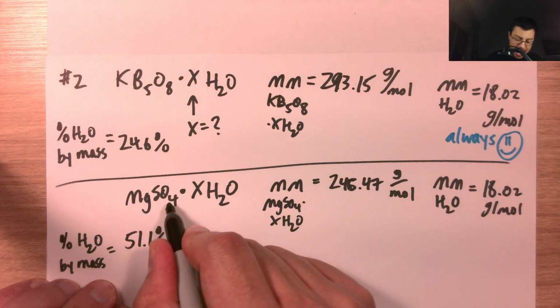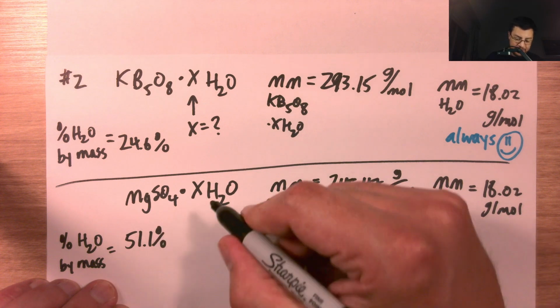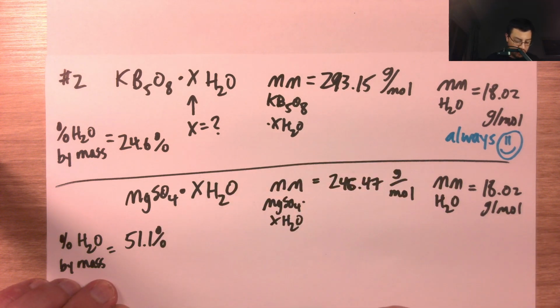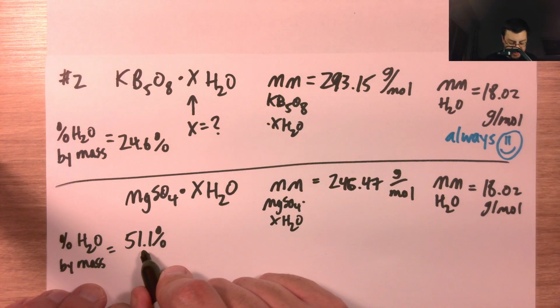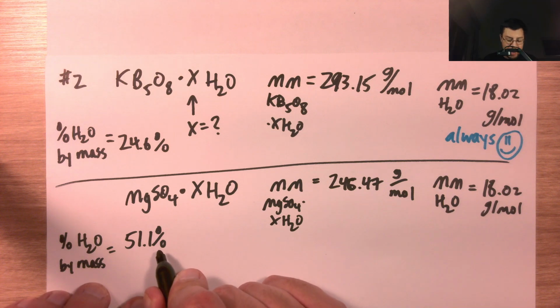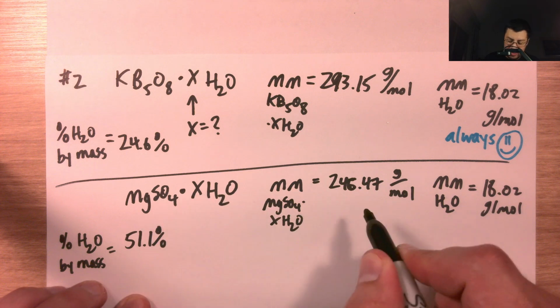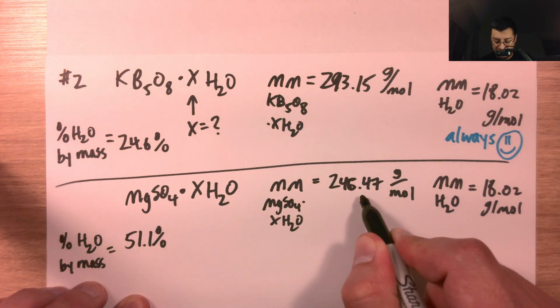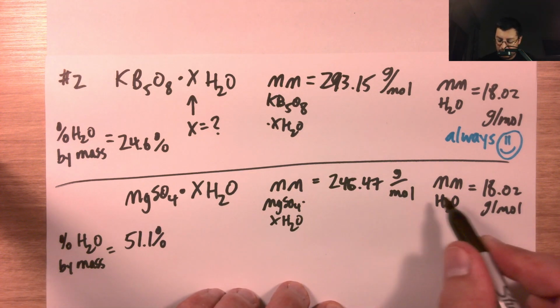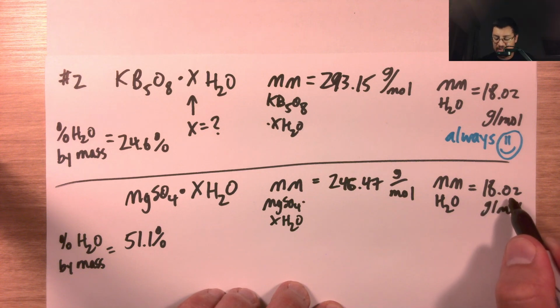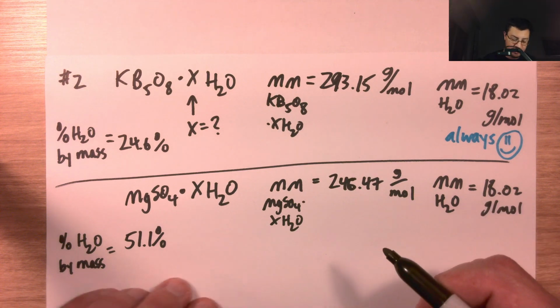So we have a magnesium sulfate with some amount of water. That water is 51.1% by mass. The molar mass of the entire hydrate is 246.47, and water's molar mass is always 18.02 grams per mole.